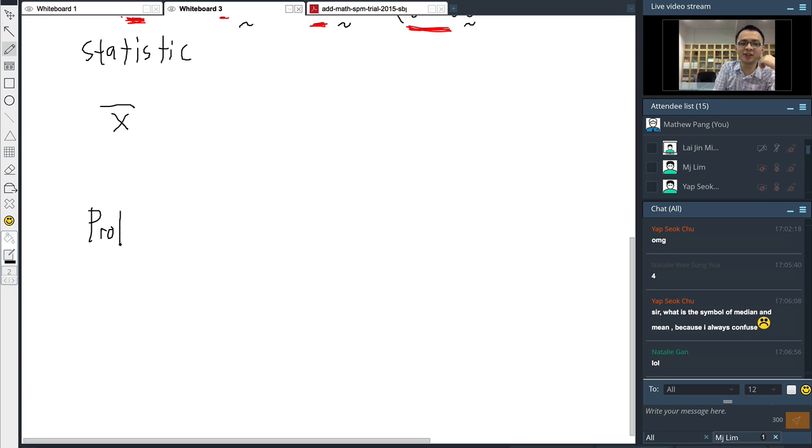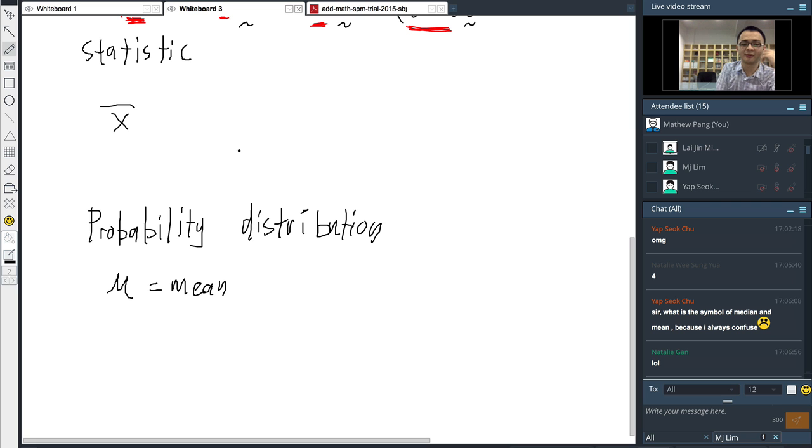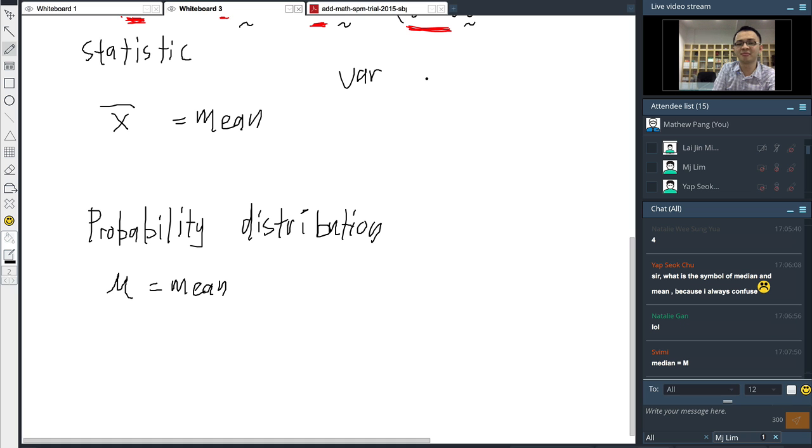In probability distribution, the mean we will write like this. Yeah, and for the variance and standard deviation, it's very standard lah. Variance is like this, standard deviation is like this.